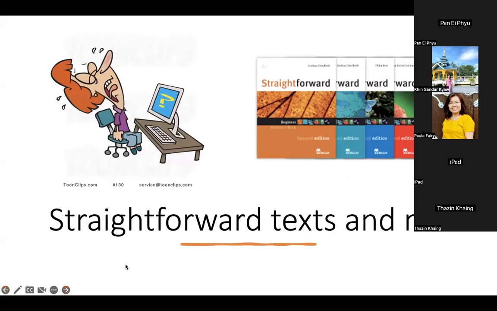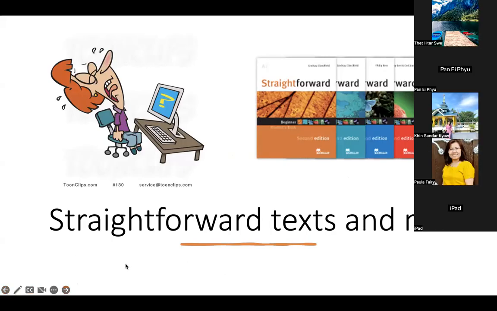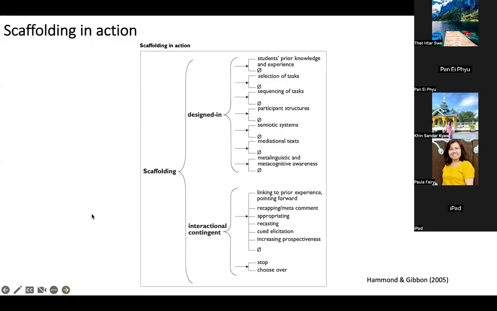Now I have talked about what scaffolding is, that high challenge and high support classrooms are very effective classrooms, and how we can create challenging tasks in the classroom. So now I will share scaffolding in action. How can we do scaffolding?